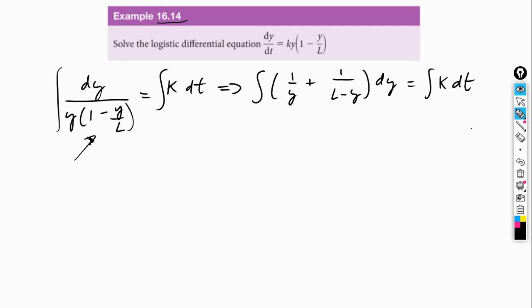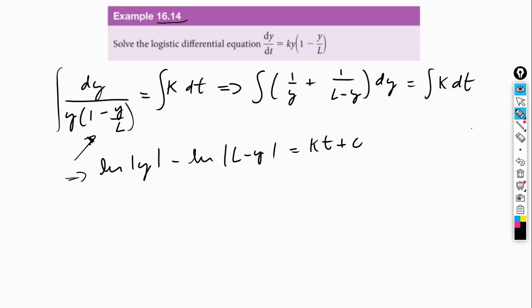And now integrating this, we're going to get the natural logarithm of the absolute value of y minus the natural logarithm of the absolute value of L minus y, equal to kt plus c.